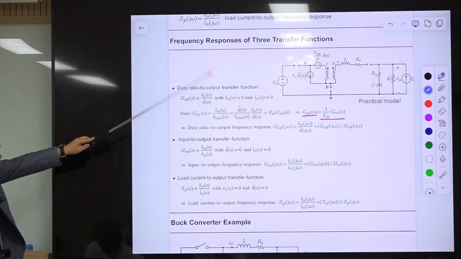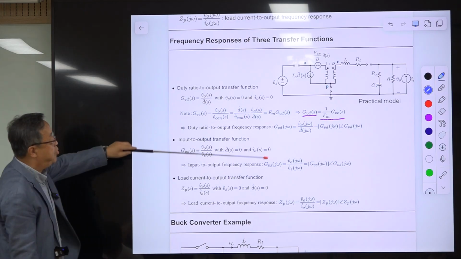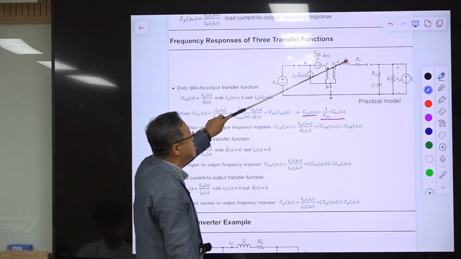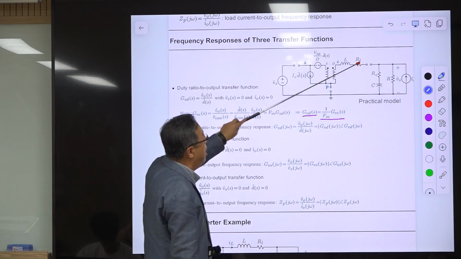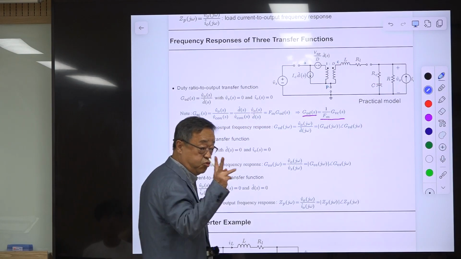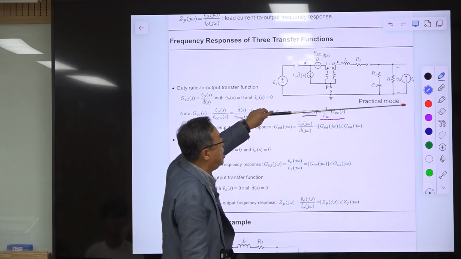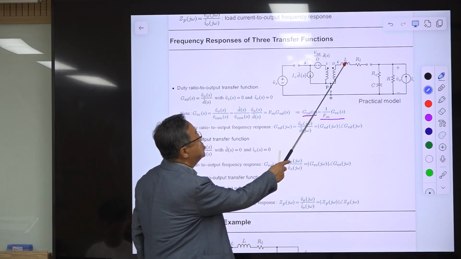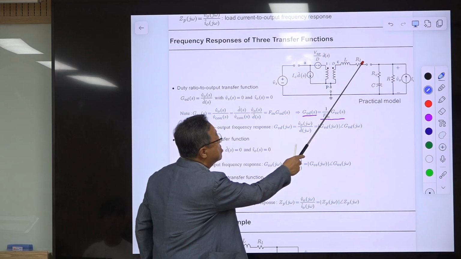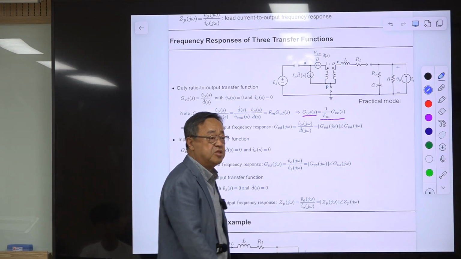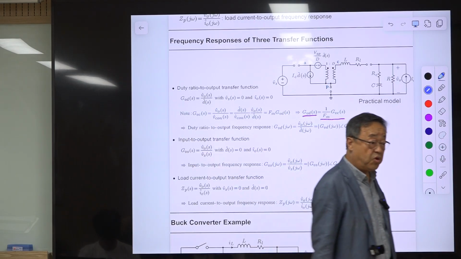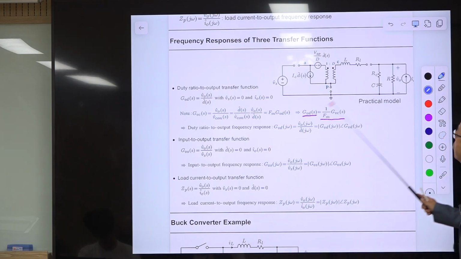And I call it the practical model. That means this RL is here and RC is here. There are two parasitic resistances. That is the practical model. Sometimes you ignore this, shorted here, then that becomes maybe a simplified model. That is okay. If you ignore this too, that is the ideal model.